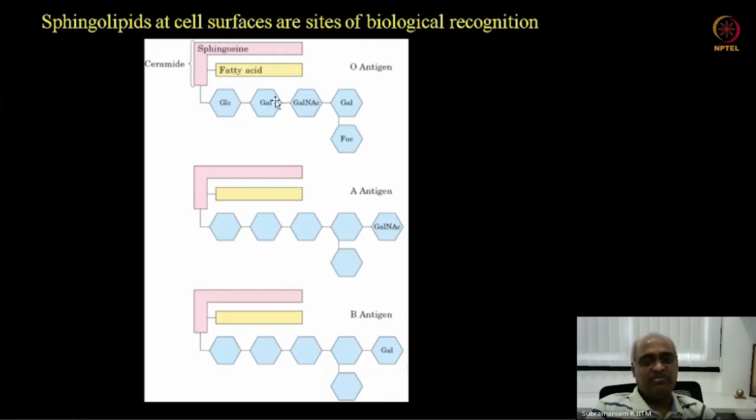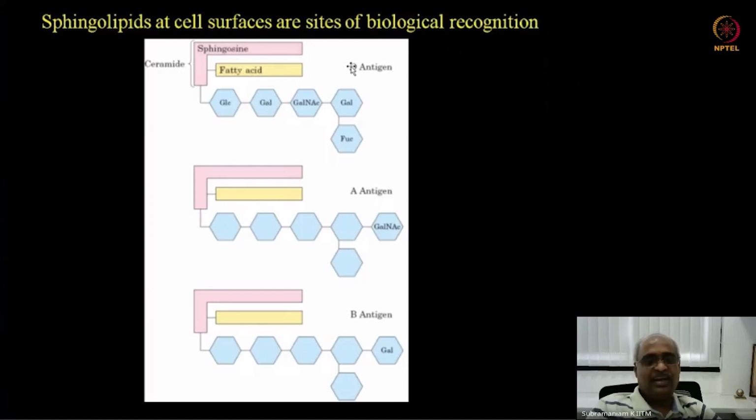So here if you have this particular oligosaccharide sequence, glucose, galactose, N-acetyl galactosamine, galactose and fucose, then that is recognized. Okay, you remember these are address tags, the sugar code we learned yesterday. And this structure, when it is present on the cell surface, is the O antigen in our blood cells.